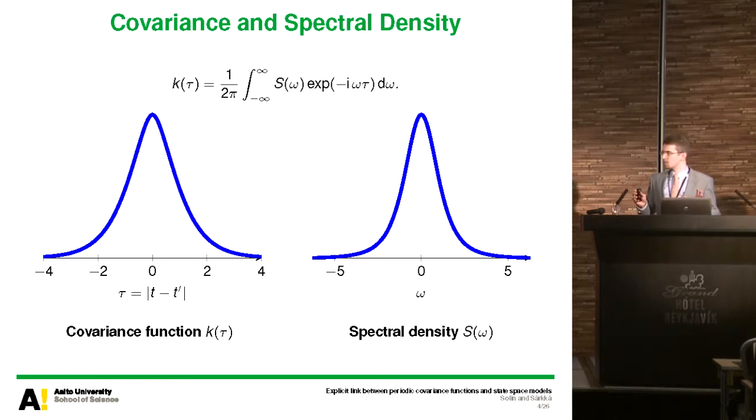For many model types, if the Fourier transform is of nice form, for example, in this case, this example shows the covariance function of the Matérn class of covariances and its spectral density. In this case, the spectral density can be approximated by a rational function, and we can solve the same problem by the kernel formulation and the state space formulation. It's exactly the same problem.